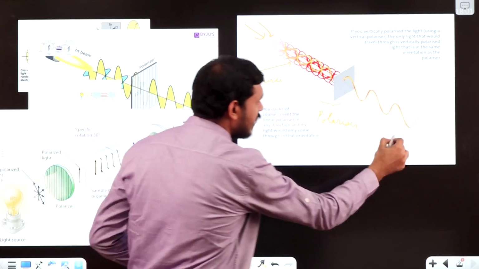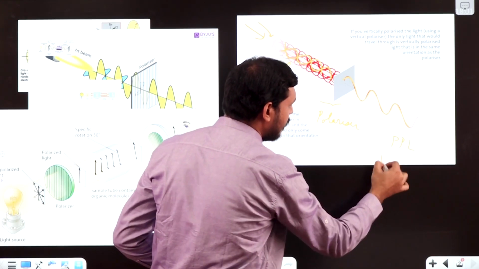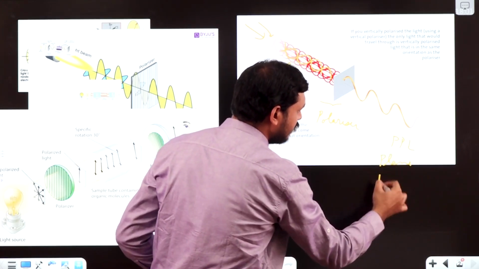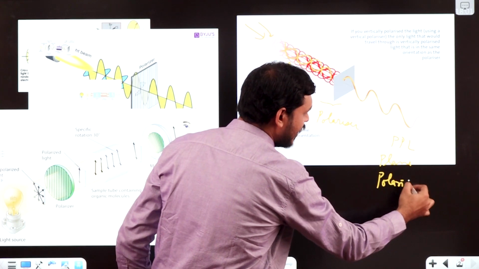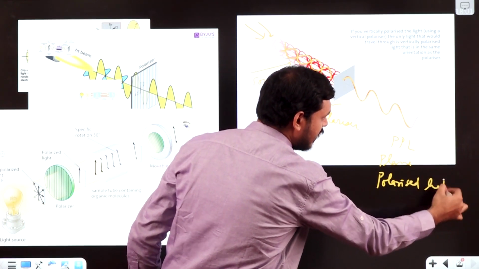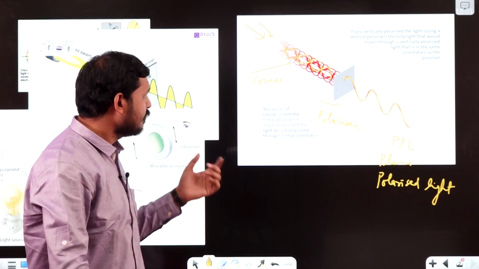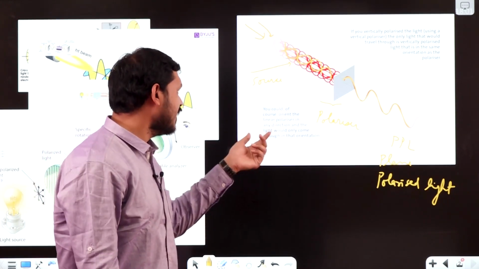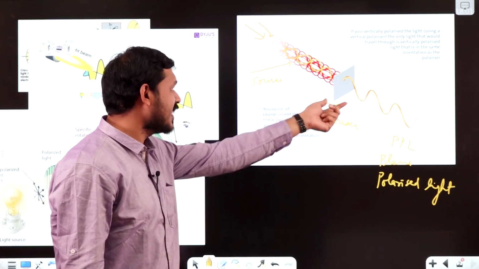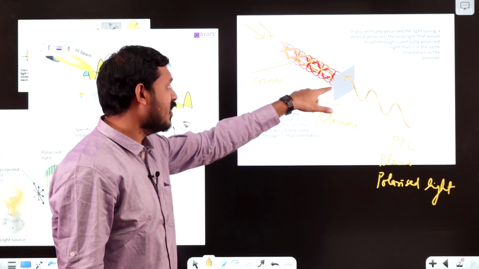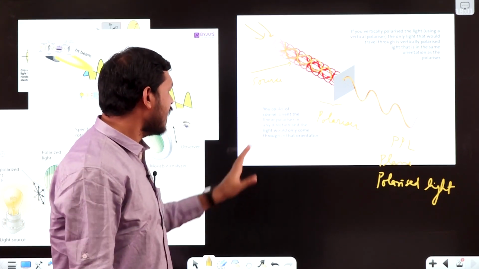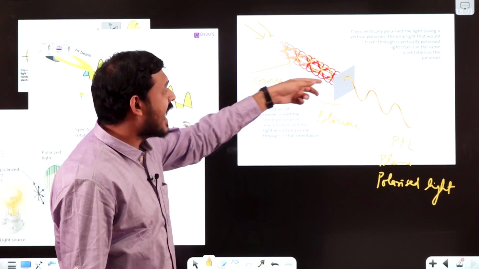So this is your PPL, plane polarized light. Okay. Now you can see, you could of course orient the linear polarizer in any direction, and the light would only come through in that orientation.